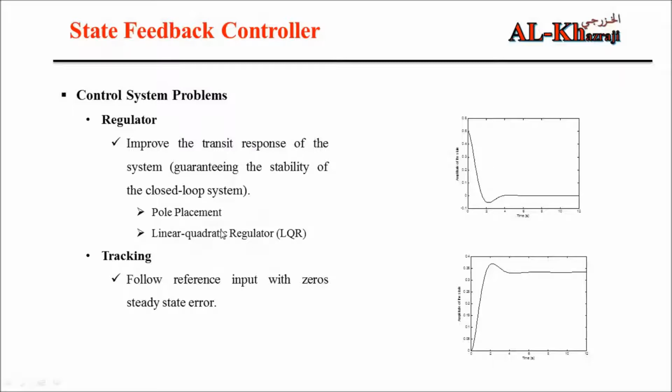We will explain how to design both of them. However, with these two techniques, sometimes there is an offset when we try to track, to follow the reference. In order to remove this offset and get 0 steady state error, we have to put in a forward gain or add integral action.